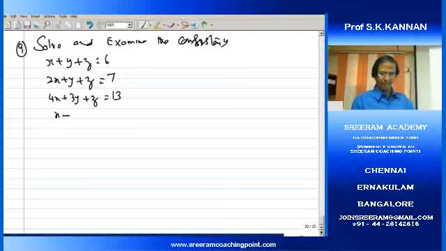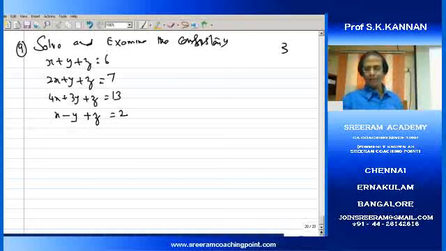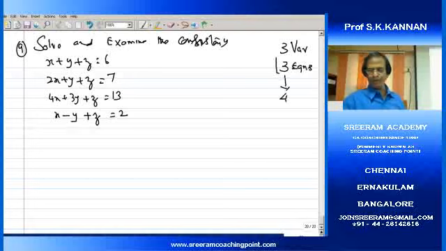And x minus y plus z equal to 2. 3 variables. To get the solution, I need exactly 3 equations if a unique solution is there. But we are given more equations, 4 equations. So solve any 3 equations. Substitute the values of x, y, z in the 4th equation. If you get a true statement, we can call it consistent with a unique solution.